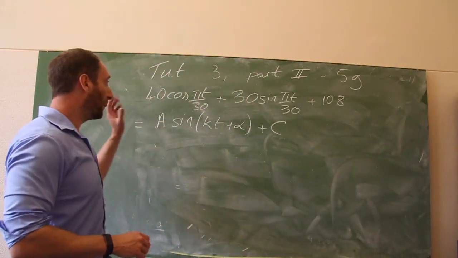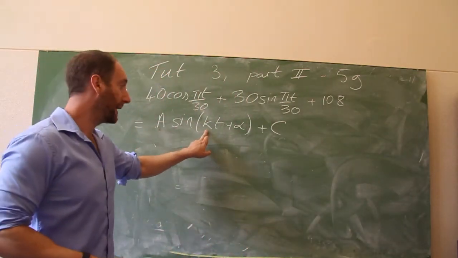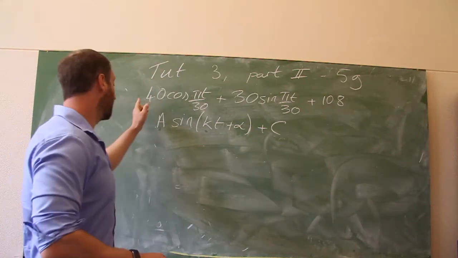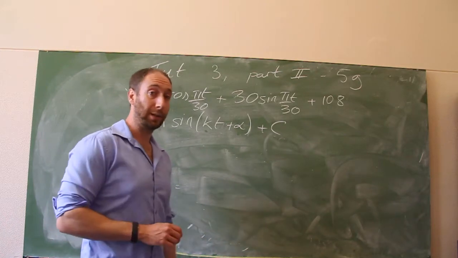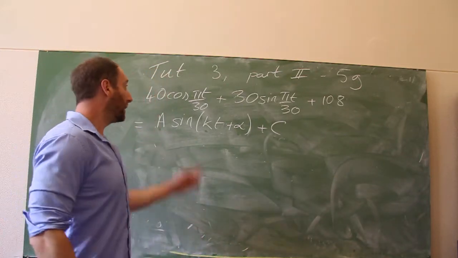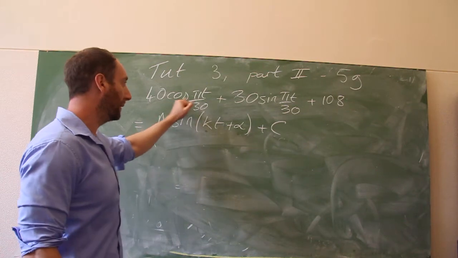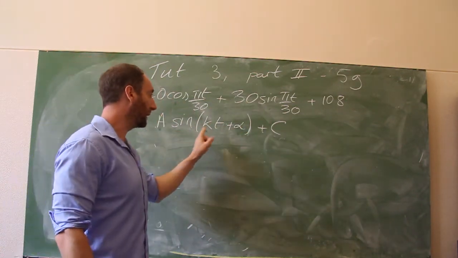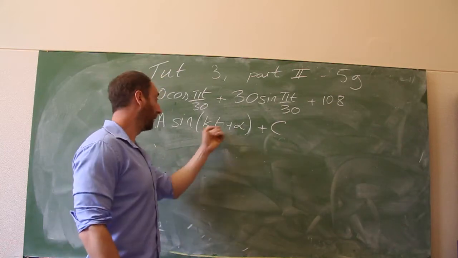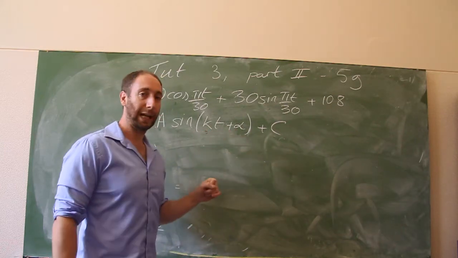So what we want to find is an a, a k, an α, and a c, such that the left-hand side is equal to the right-hand side. Again, we think of pattern recognition. On this side, we see that we've got a cosine and a sine with some coefficients in front. And here we've got a sine of the addition of two values, kt and α.